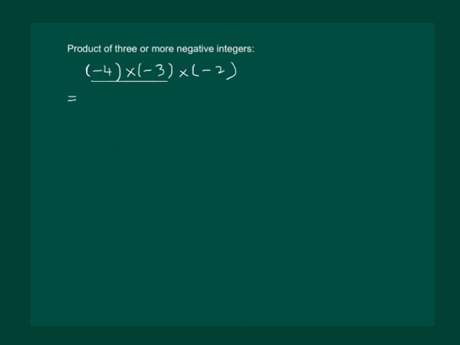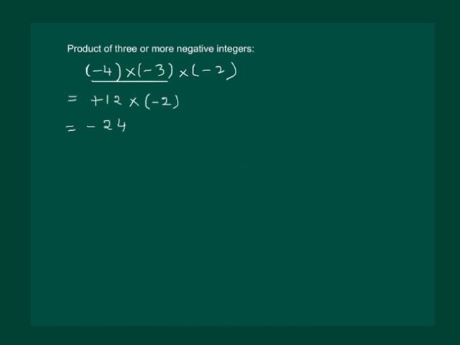Minus 4 into minus 3 will give us plus 12, and we are left with plus 12 into minus 2, which will give us 12 into 2 is 24, and since one of the integers is negative, we get a negative answer.